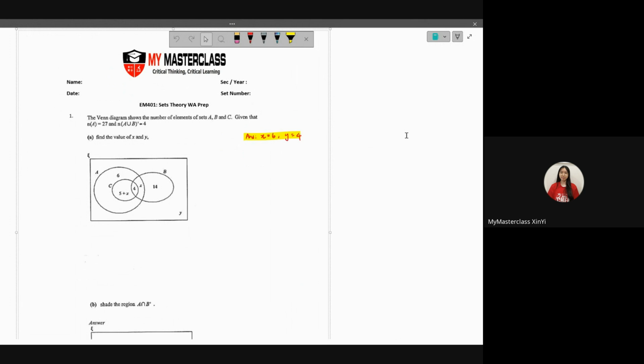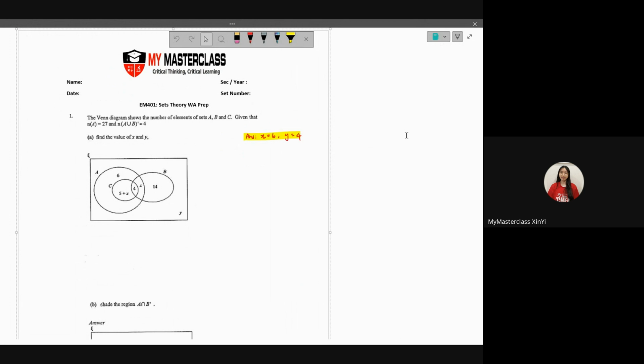Then the other information we have is this one. Number of elements in A is 37. This factor is X, this Y, this X is 6. So all these are there, and then try to solve. No, what they're writing here is the number of elements inside the set.